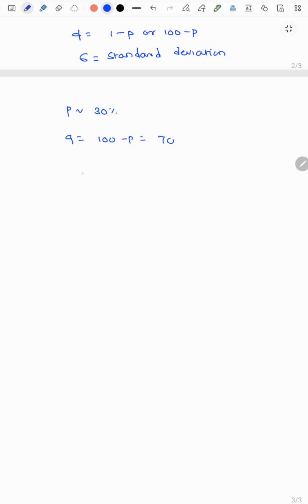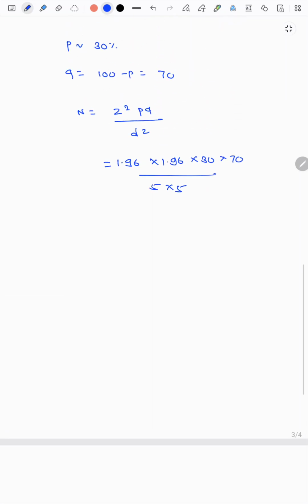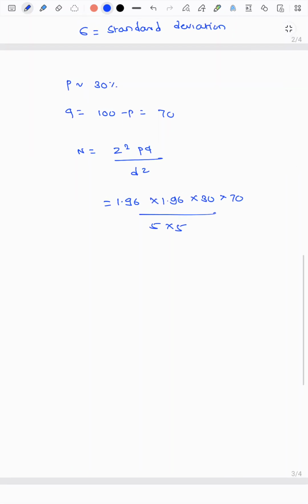Now if we put this in the formula, n becomes Z square PQ upon D square, which is 1.96 into 1.96 into 30 into 70 divided by 5 into 5. So this was our basic formula for sample size calculation.